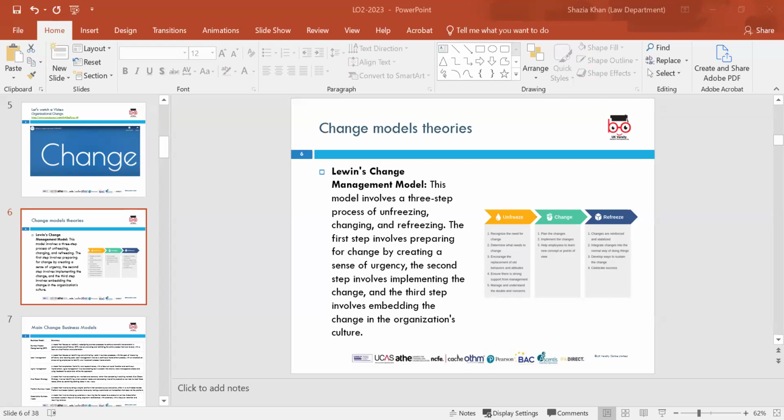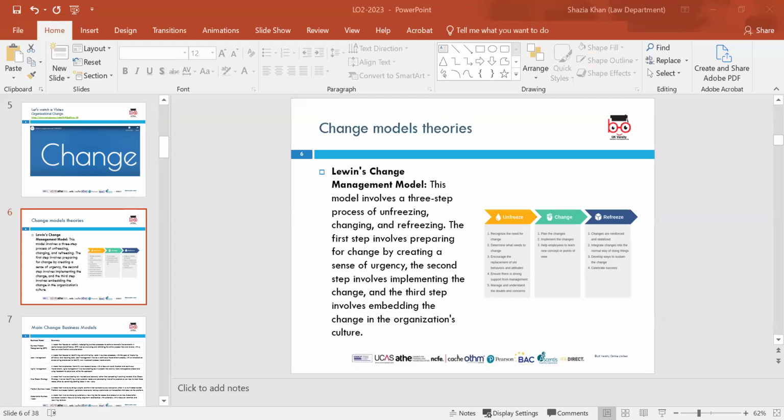The change bit is when it's time to implement the change. The organization enters the second phase of that transition, which is the change phase. And then the refreeze stage, the third phase of Lewin's change management model, is the process where the change has fully been embedded and the team are now working in the new way.